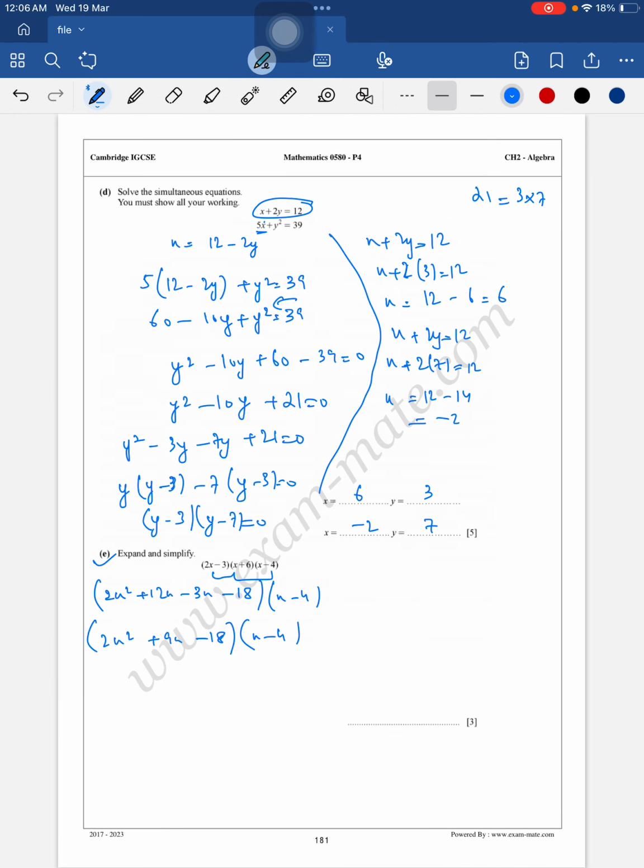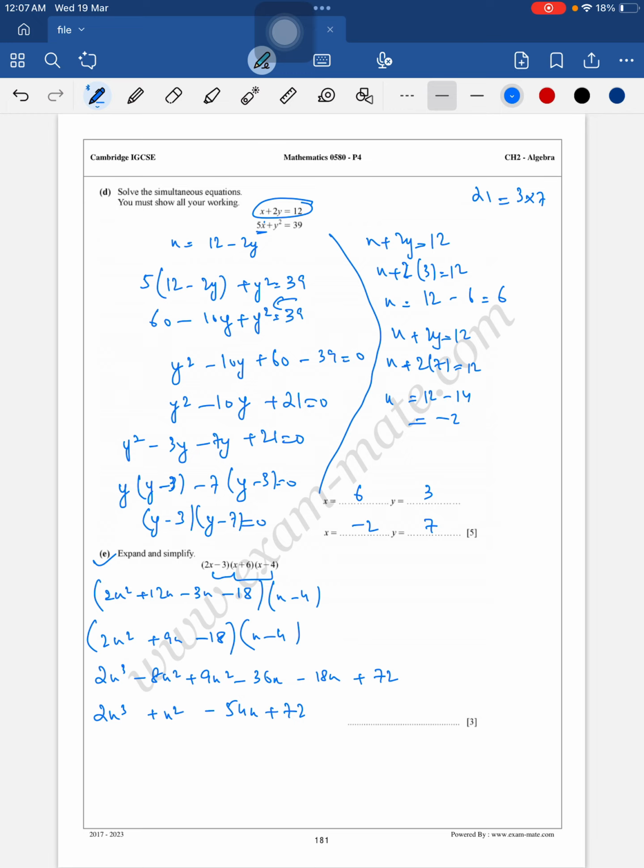Now 2x square into x, that will be 2x cube, minus 2x square into 4 is 8x square, plus 9x into x is 9x square, minus 9x into 4 is 36x, minus 18 into x is 18x, plus 18 into 4 is 72. So 2x cube minus 8x square plus 9x square will be plus x square, minus 36 minus 18, adding both, 54, minus 54x plus 72 is the answer.